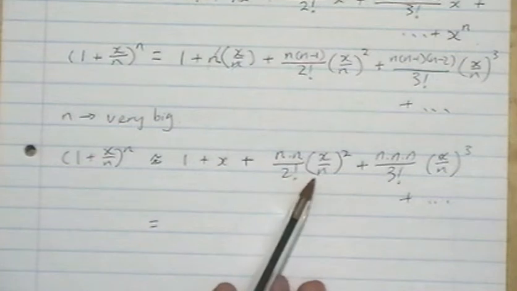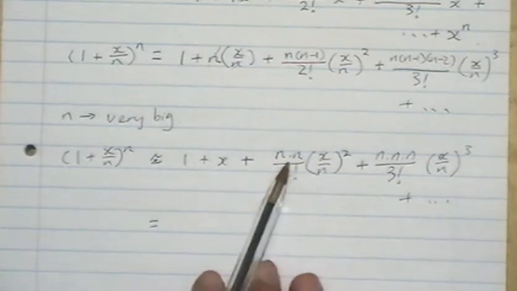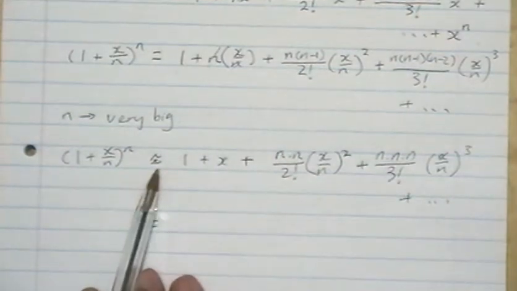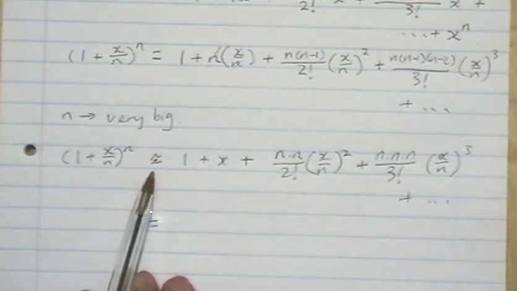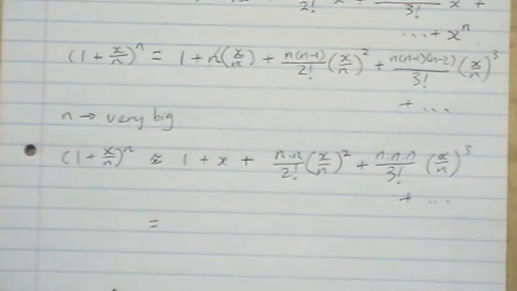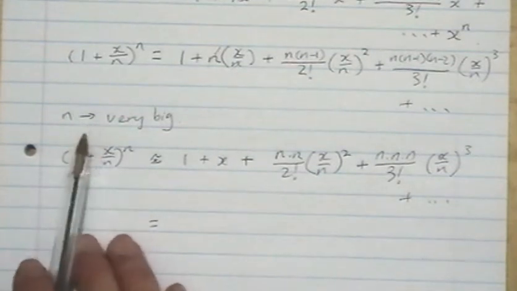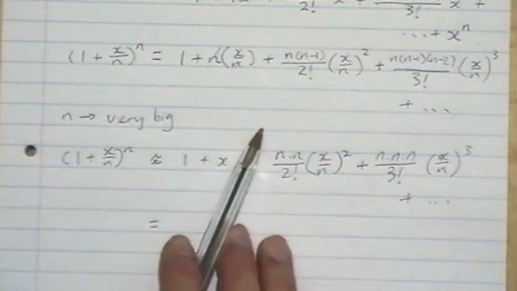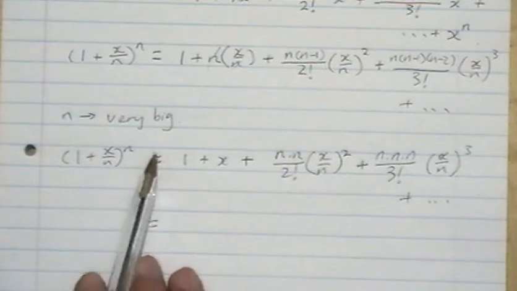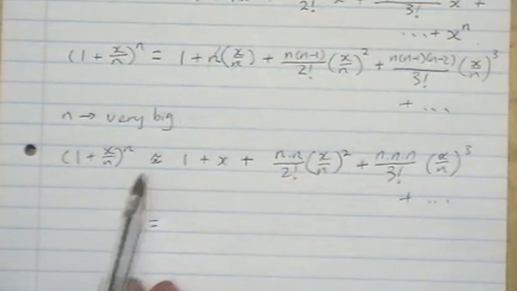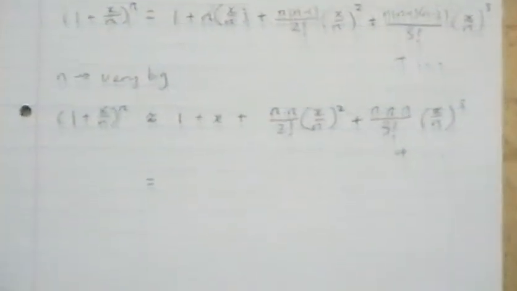But remember that the bigger n is, the more equal this would be. And eventually, in 1 or 2 steps later, I'm going to allow n to go all the way to infinity. Then this approximate will become exactly equal. So that's the plan.